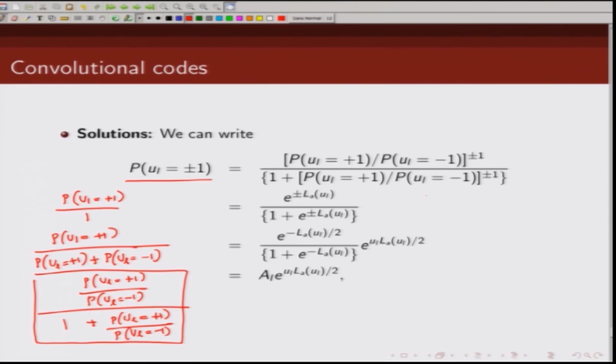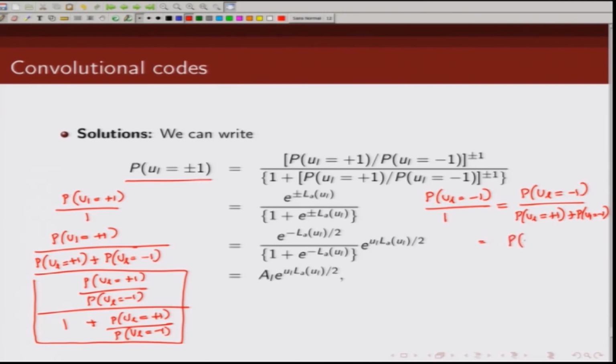Now let us look at what is the probability that UL is minus 1. Again I can follow the same procedure. I can write this as this by 1, or I can write the probability of UL equal to minus 1 divided by probability of UL being plus 1 plus probability of UL being minus 1, and I can divide this by probability of UL being plus 1.